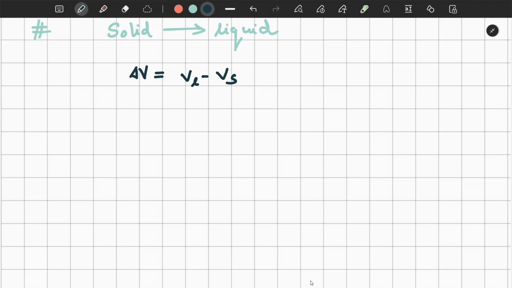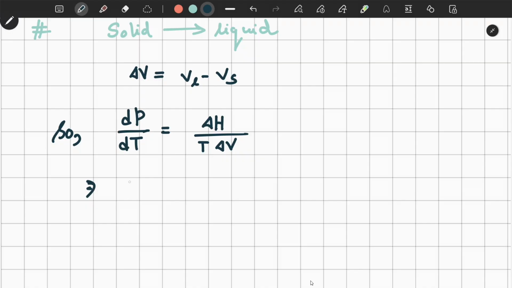Okay. So if it is delta V, then you can write dP/dT equals delta H by T delta V. So this is totally general. Okay.